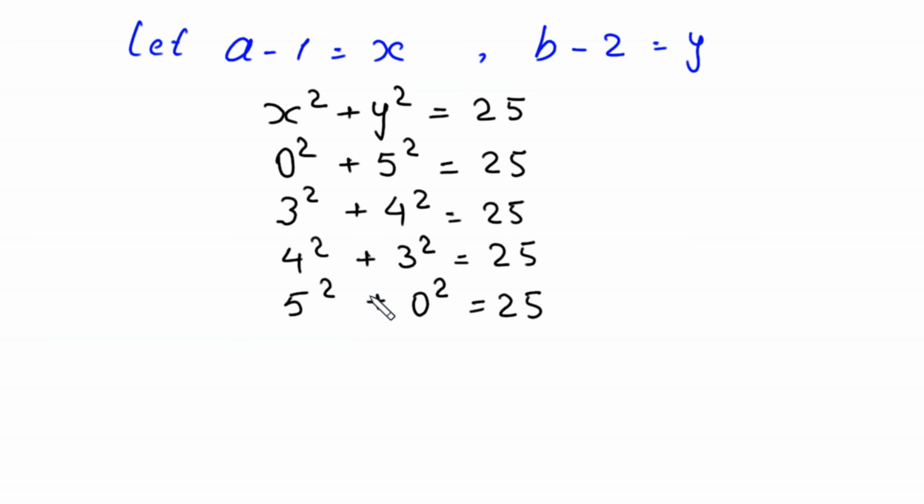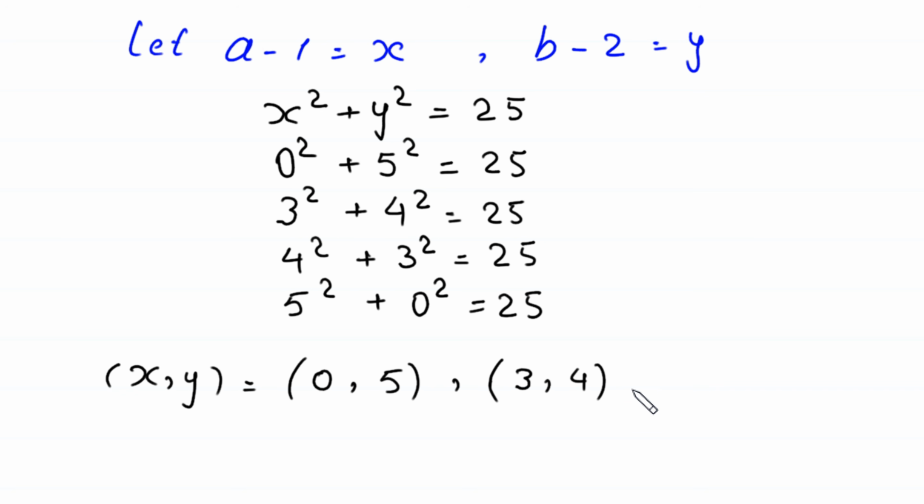So from here we get pairs of x comma y is equal to, the first pair is 0 comma 5, and second pair is 3 comma 4, and third pair is 4 comma 3, and fourth pair is 5 comma 0.